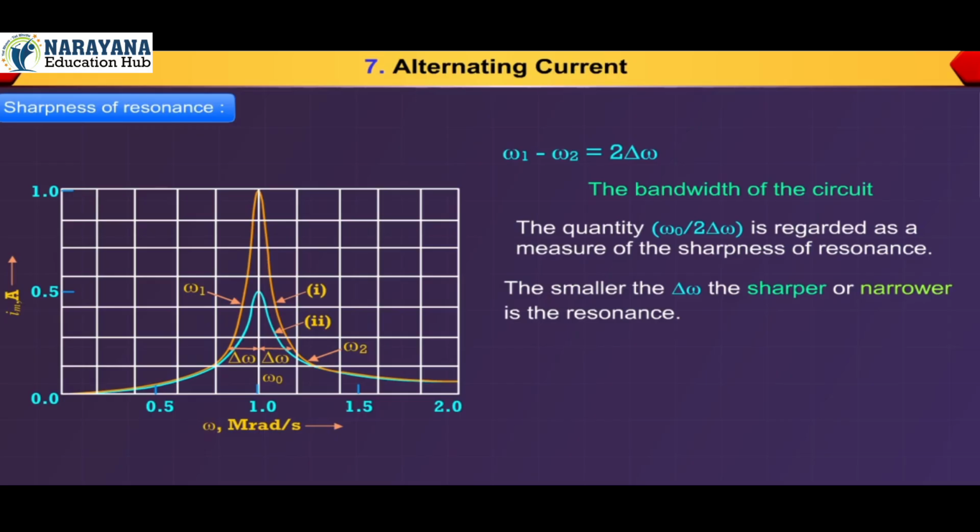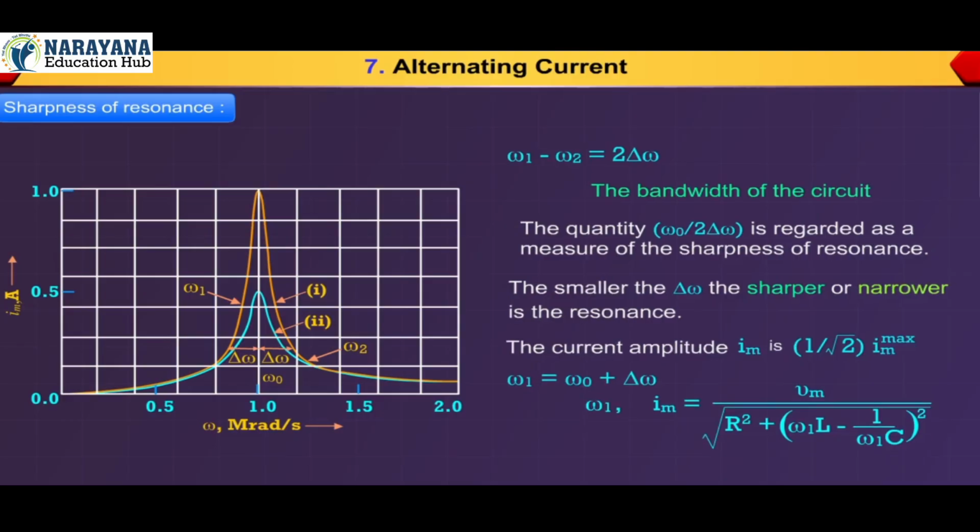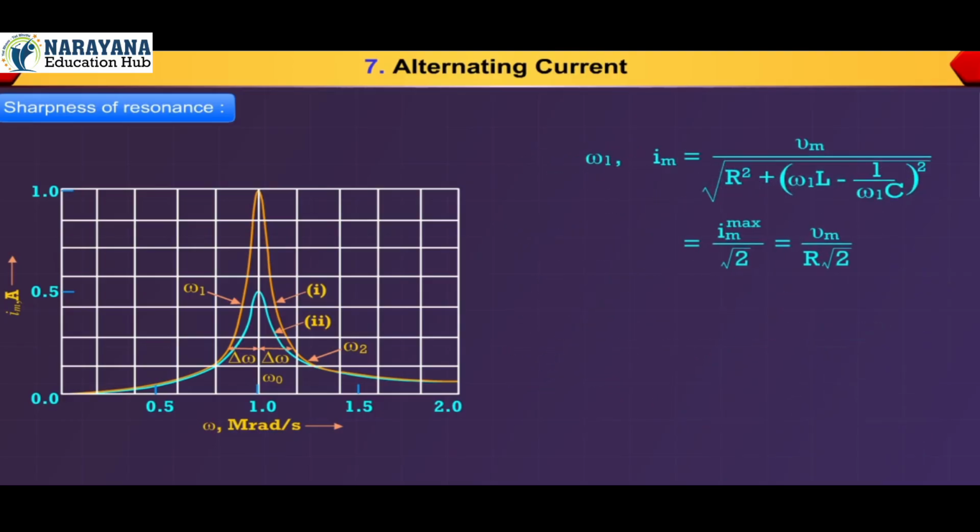To get an expression for delta omega, we note that the current amplitude Im is 1 upon root 2 Im maximum for omega 1 equal to omega 0 plus delta omega. Therefore, at omega 1, Im is equal to Vm upon square root of R square plus (omega 1 L minus 1 upon omega 1 C) whole square, which is equal to Im maximum upon root 2, equal to Vm upon R root 2.